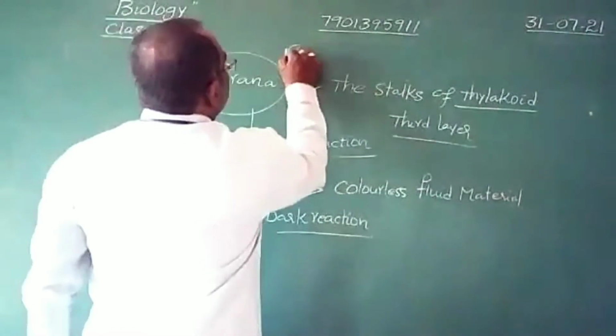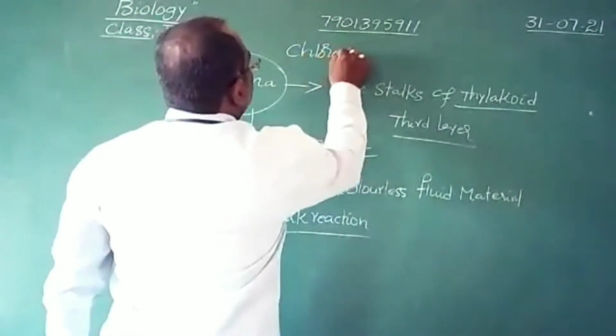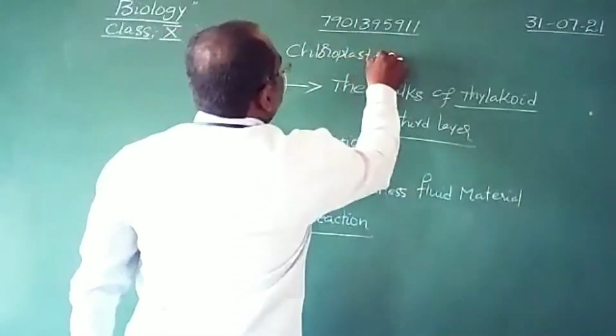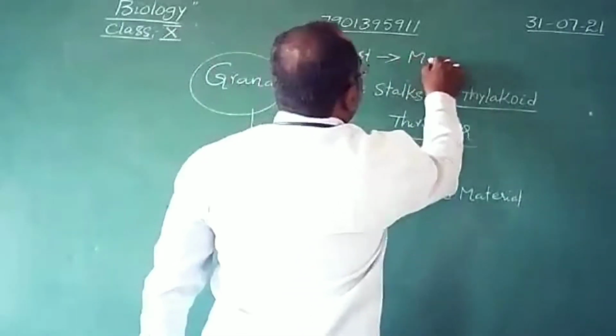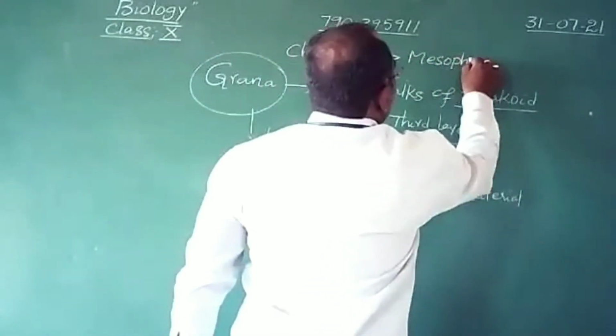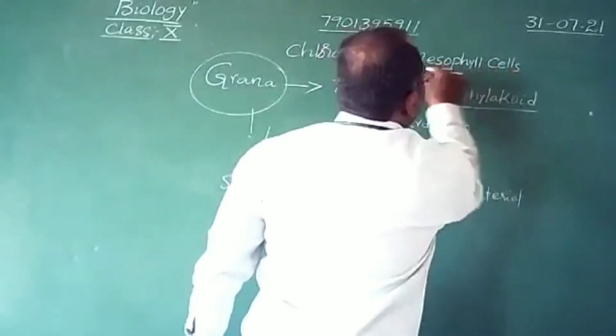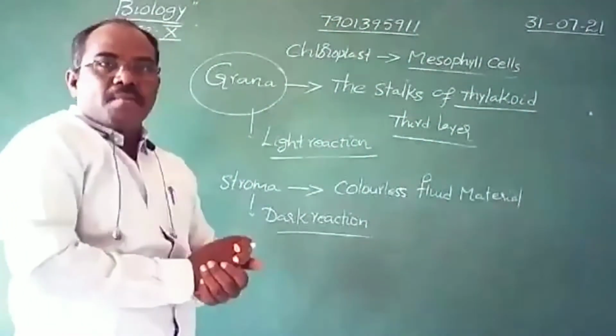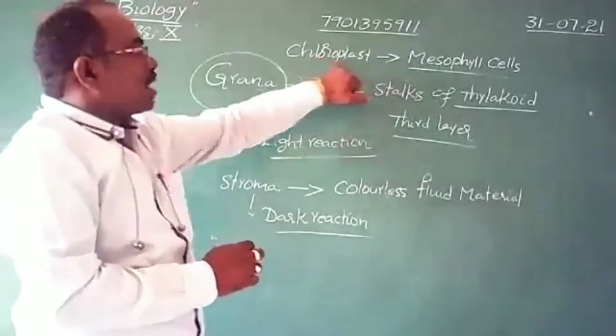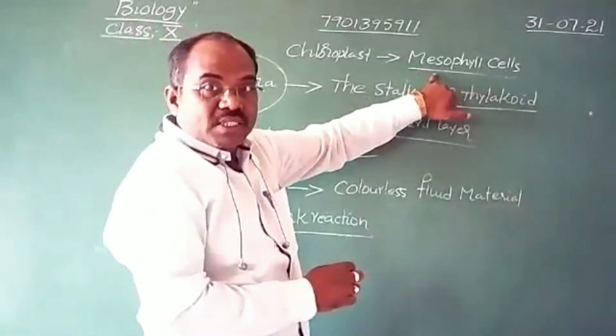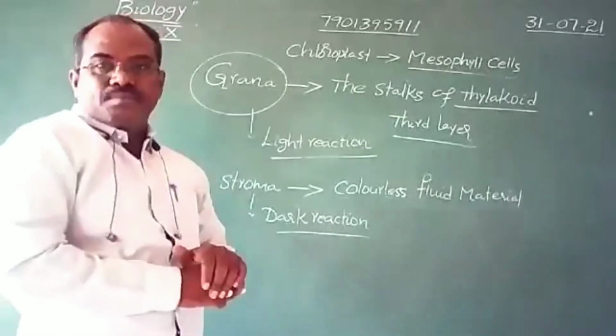We know that chloroplast is present in mesophyll cells of the plant.